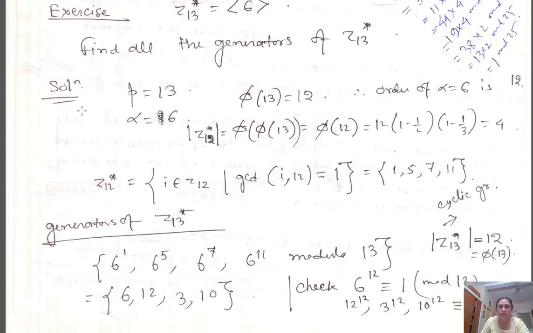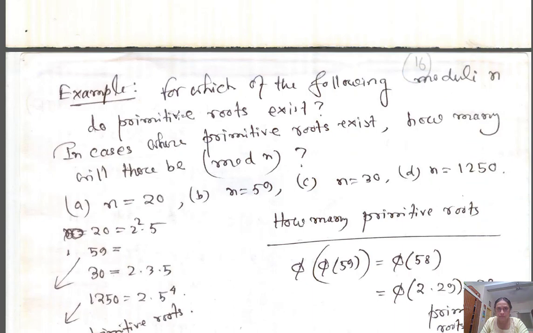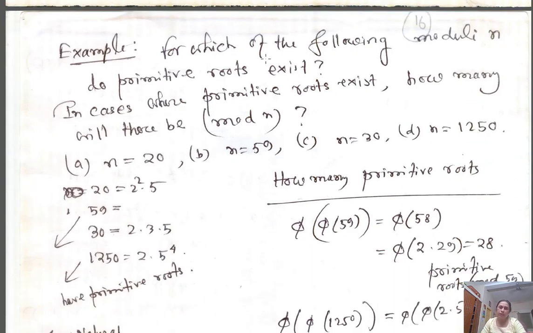So if you are given one generator, you can find other generators. But finding one generator is a problem. Here is a question: for which of the following moduli n do primitive roots exist?